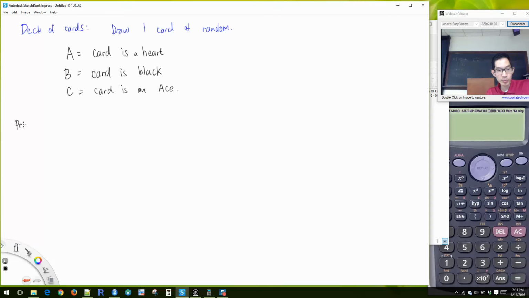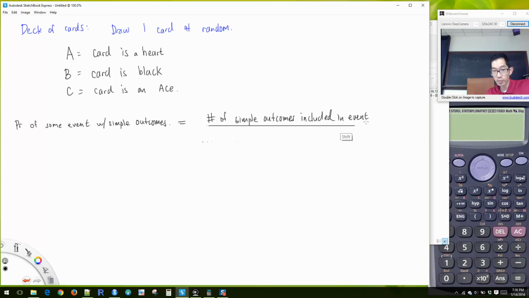We can say the probability of some event with simple outcomes is equal to the number of simple outcomes included in the event divided by the total number of simple outcomes.